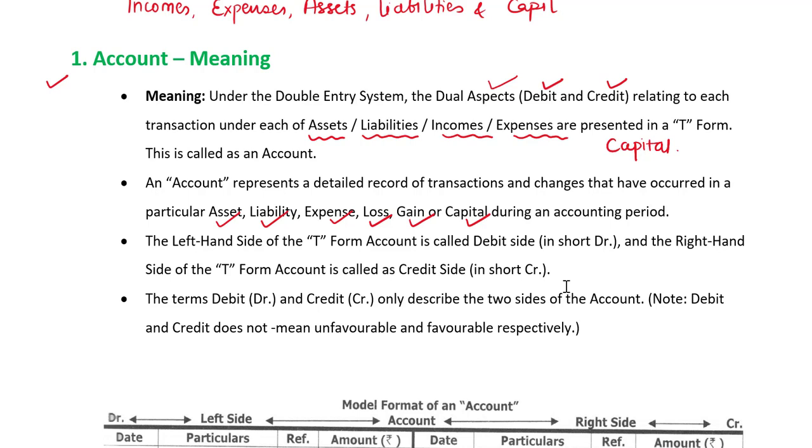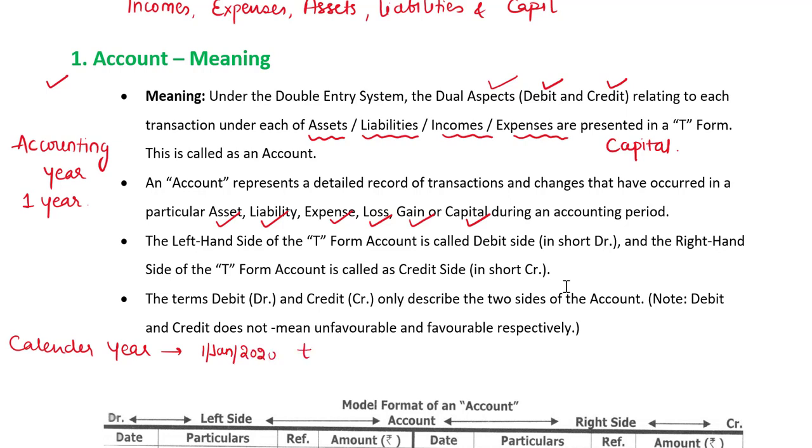Generally, we prepare accounts for an accounting year. And an accounting year is of 1 year. We have the calendar year that starts from 1st of January, supposing 2020, and it will end 31st December 2020.